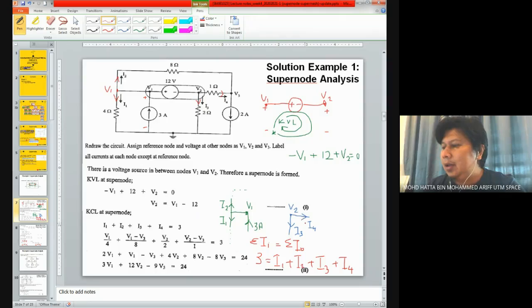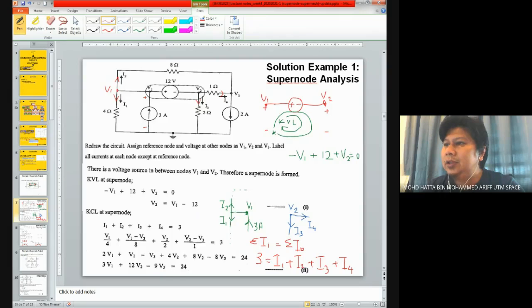All right. And again, as this is a node analysis, in other words, we need to express our current in terms of voltage. Have a look at I1 first. I1 here we can consider, in terms of voltage, as V1 divided by 4. So V1 divided by 4 is our I1.